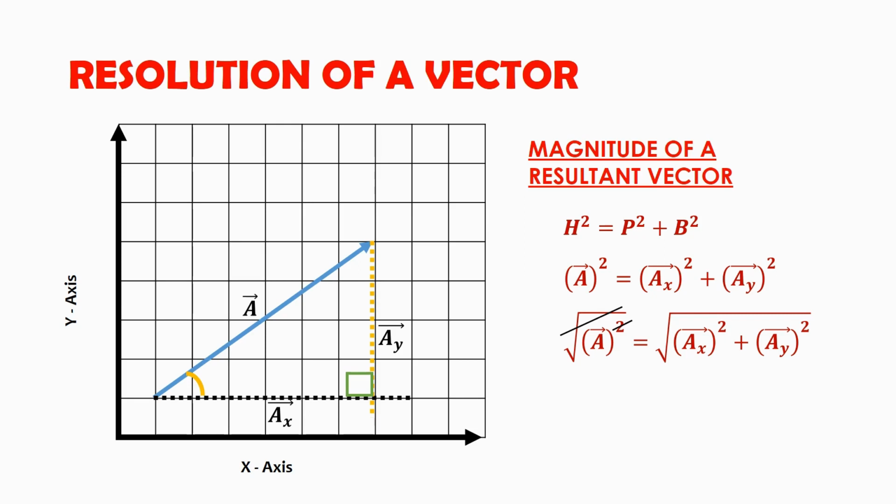Whenever we see a plus or negative sign between two variables, we won't be able to cancel out their square root with their squares. So on the right hand side, things will remain the same. In the next step, we get a equals the square root of ax square plus ay square.